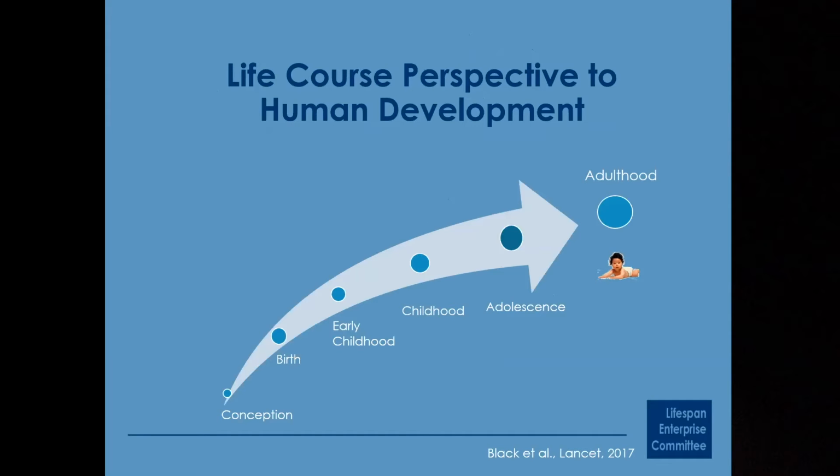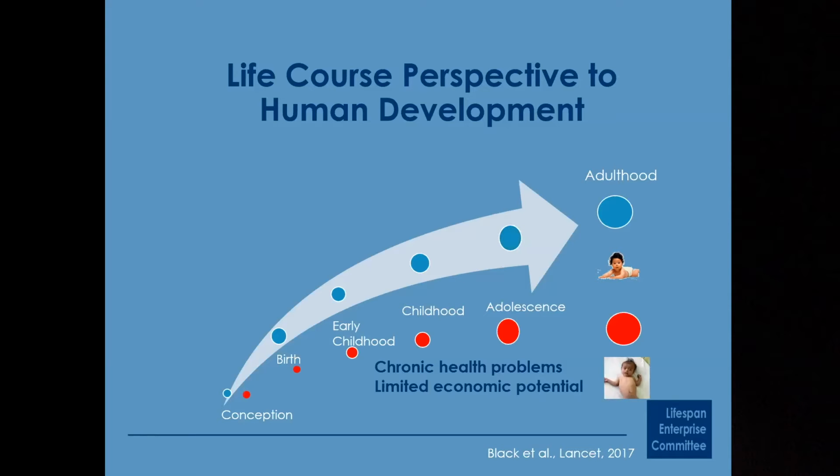A Life Course perspective illustrates that life begins prior to conception, continues through birth, early childhood, adolescence, adulthood, and into the next generation. This is if everything goes well. But what happens is disparities that start very early in life can alter the life course.